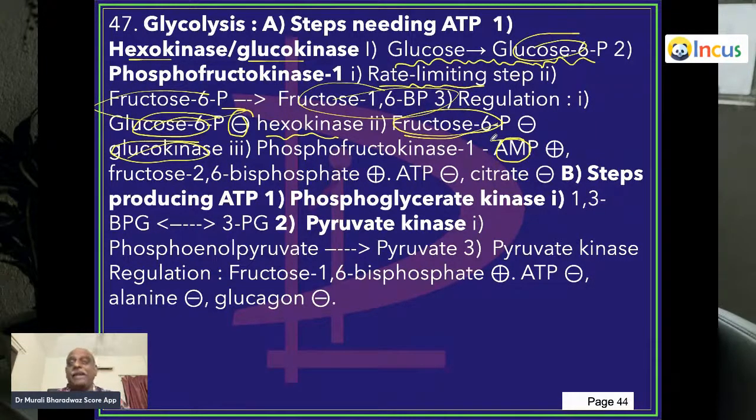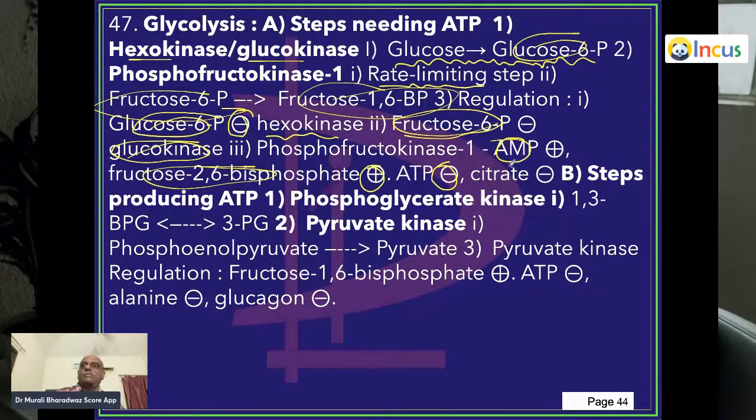That's the reason AMP has a stimulating effect on phosphofructokinase. Then fructose 2,6-biphosphate, not 1,6, 2,6-biphosphate, also has a stimulant effect on phosphofructokinase. ATP means you already have a lot of money. You don't know what to do with all the black money. So it has an inhibiting effect on phosphofructokinase.